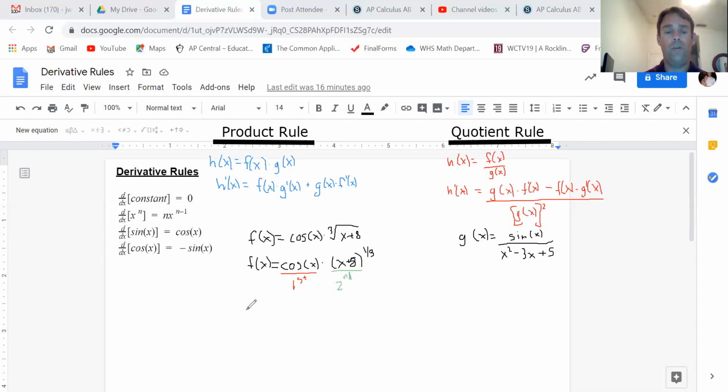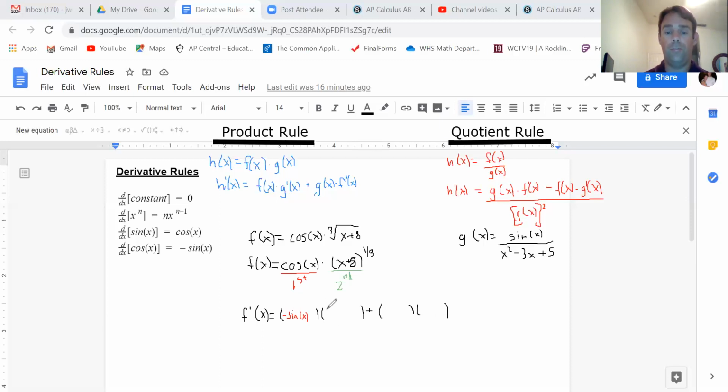So we're going to go first times the derivative of the second plus second times the derivative of the first. So first, the derivative of cosine is negative sine, times the derivative of the second.